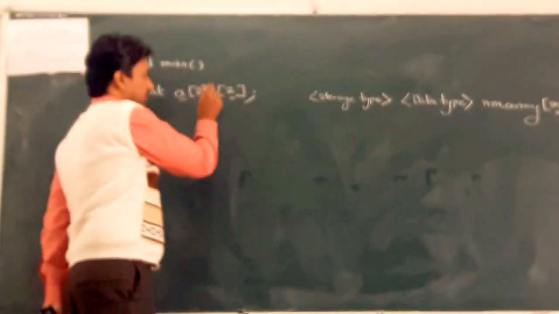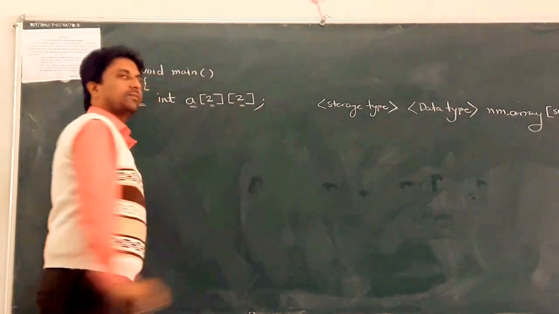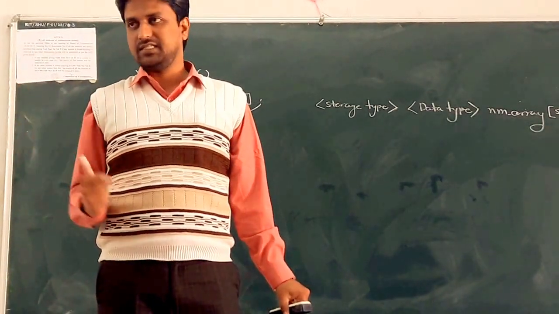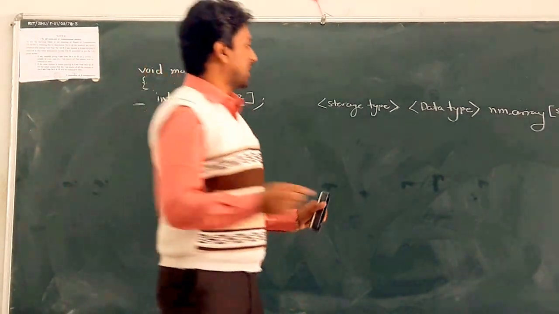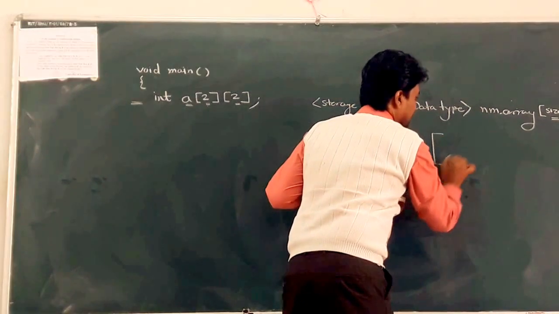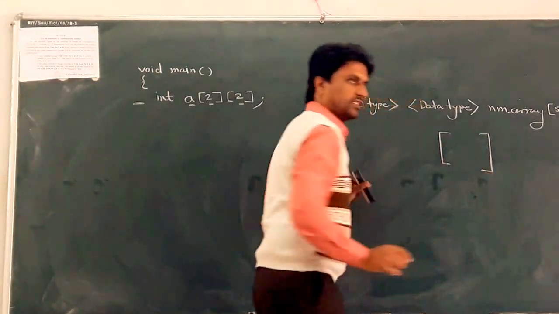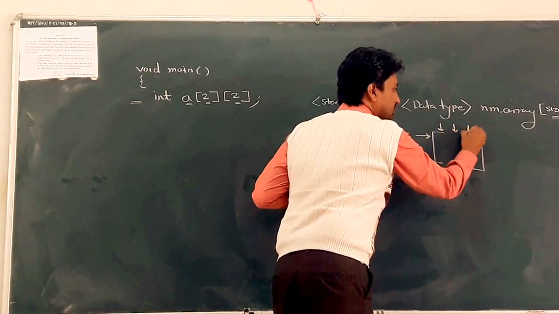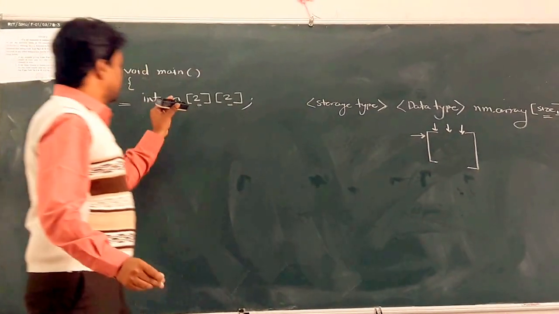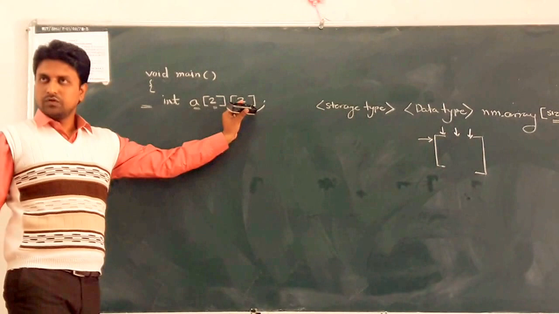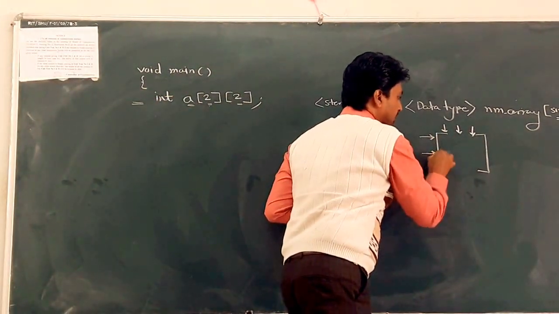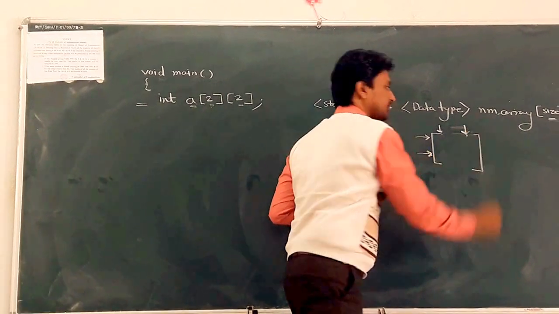If you take an example of a two-dimensional array, mostly two-dimensional arrays are used for representation of a matrix, because a matrix has two dimensions, that is number of rows and number of columns. Clear? So if it is 2 by 2, then 2 rows and 2 columns.